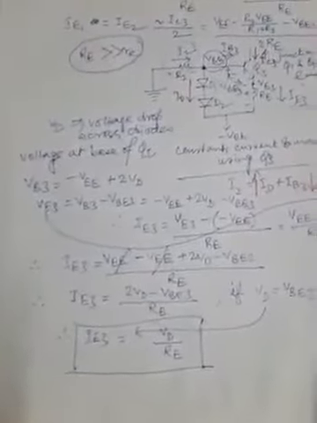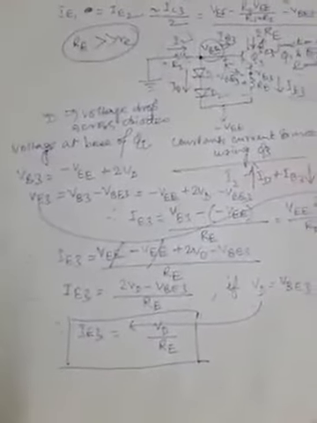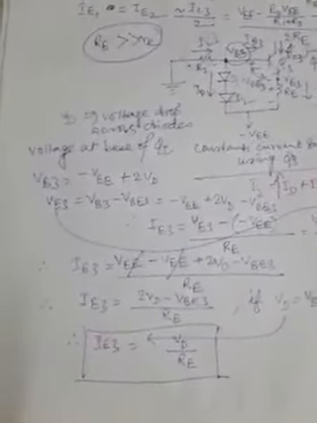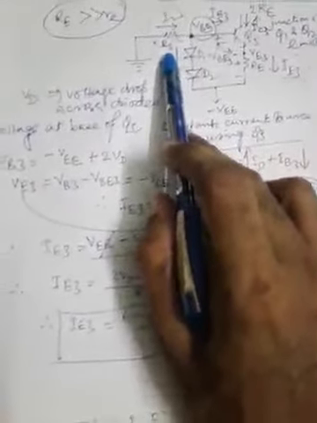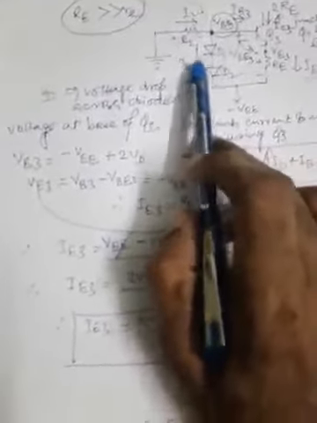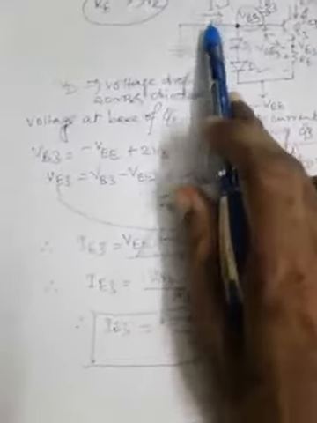So the part of this I2 is the diode current ID, which is determined by the value of R2. Whatever the value of R2 is, it is important, because it decides how much the diode current ID will be, because ID is a part of this I2 which is flowing through R2.